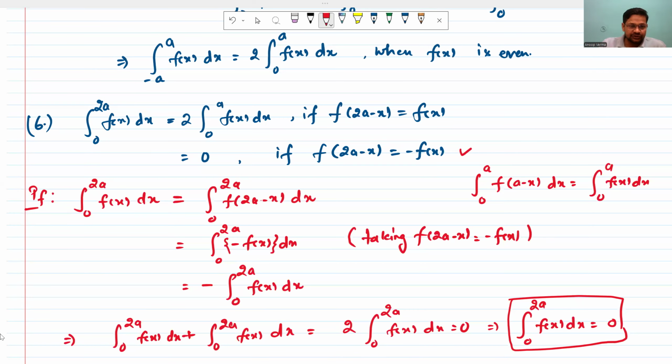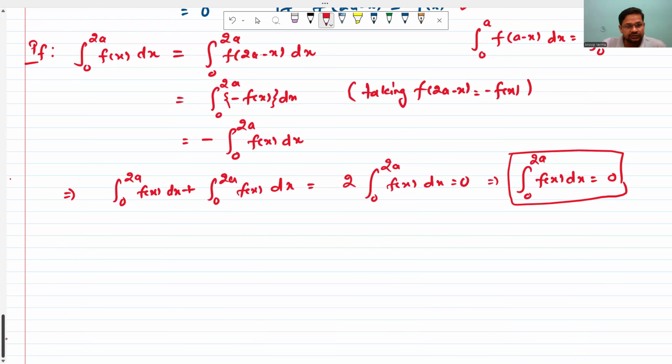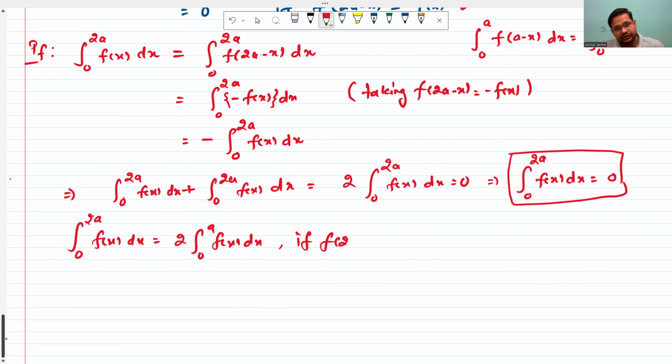Okay, so now let's prove that the integral from 0 to 2a of f(x) dx is equal to 2 times the integral from 0 to a of f(x) dx, when f of 2a minus x is equal to f(x).